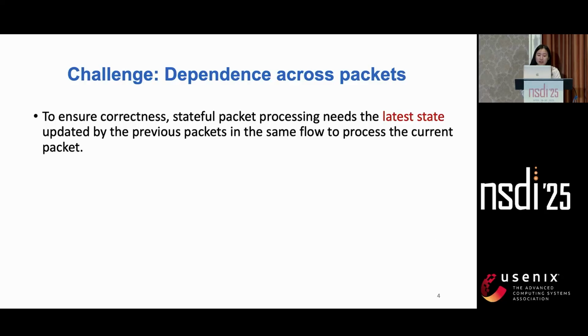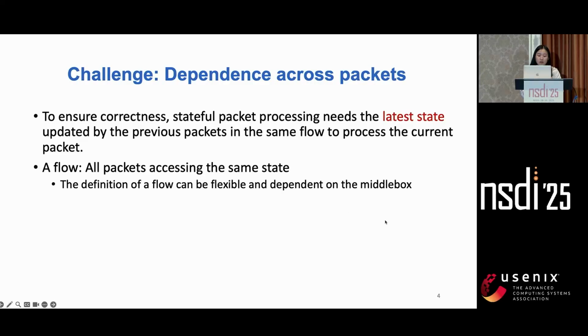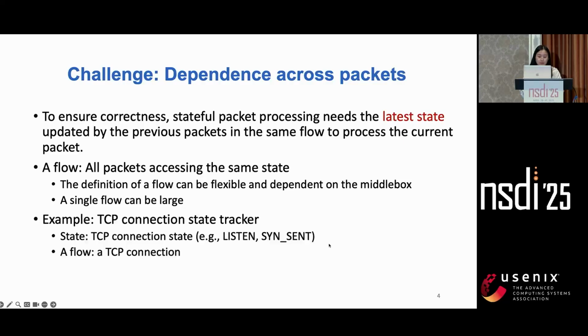To ensure correctness, stateful packet processing needs the latest state updated by the previous packets in the same flow to process the current packet. Here a flow means all packets that access the same state. The definition of a flow can be flexible and dependent on the applications running on the Middlebox, and a single flow can be large.